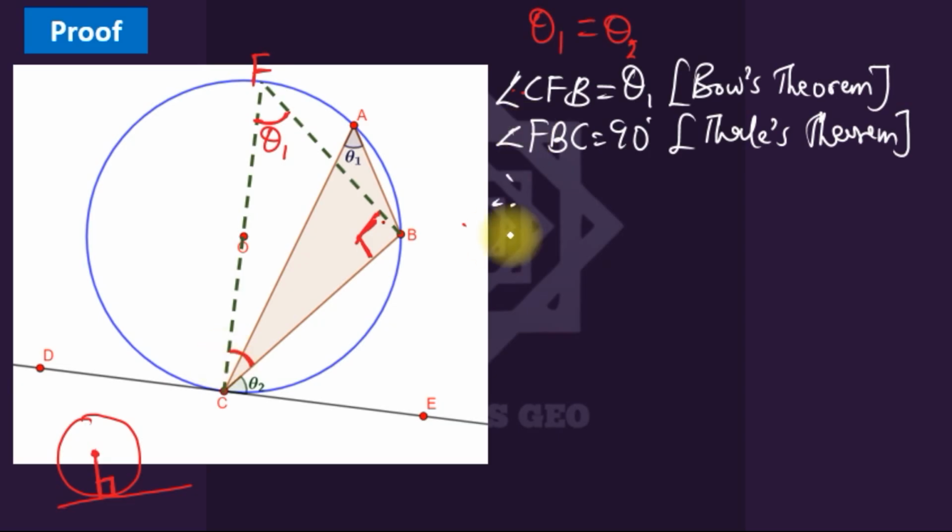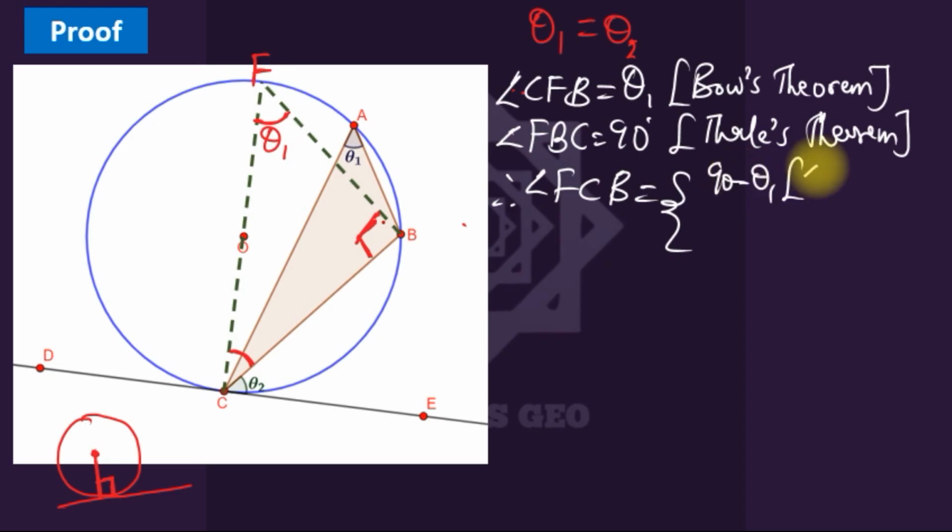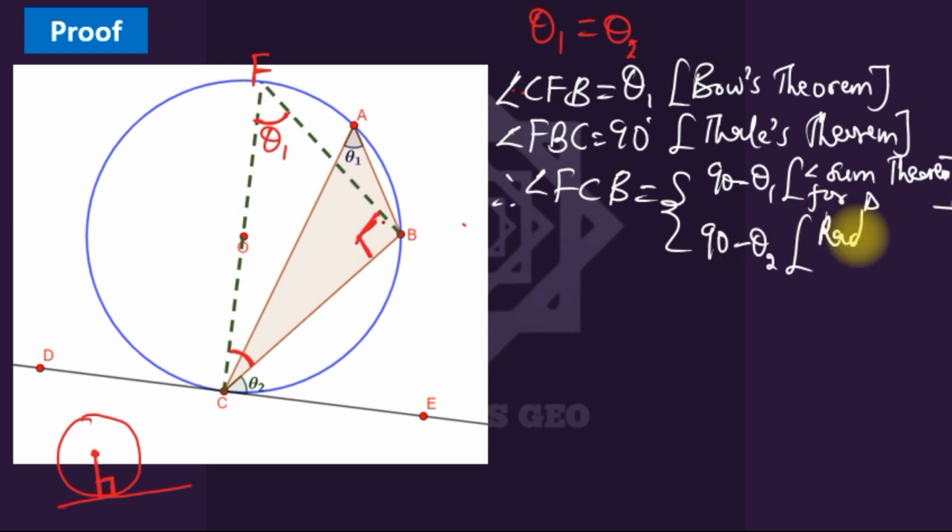Therefore, angle FCB will either be 90 minus theta 1 based on the angle sum theorem for a triangle, that's the first condition, because it must sum to 180, or it should be 90 minus theta 2 by the radius-tangent relationship, what I stated down here.